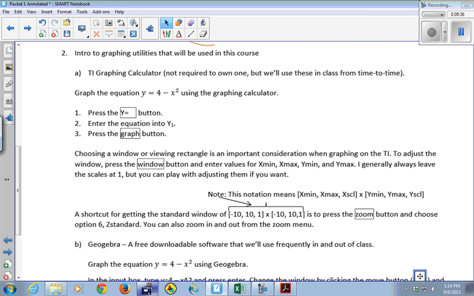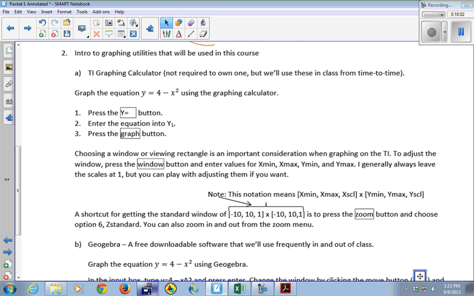So just a shortcut for getting the standard window that we just came up with. And this is notation for windows. If you see things in square brackets like this, you always read it as x min, x max, x scale by y min, y max, y scale. Okay. So something in your homework might tell you to graph with a window like this.